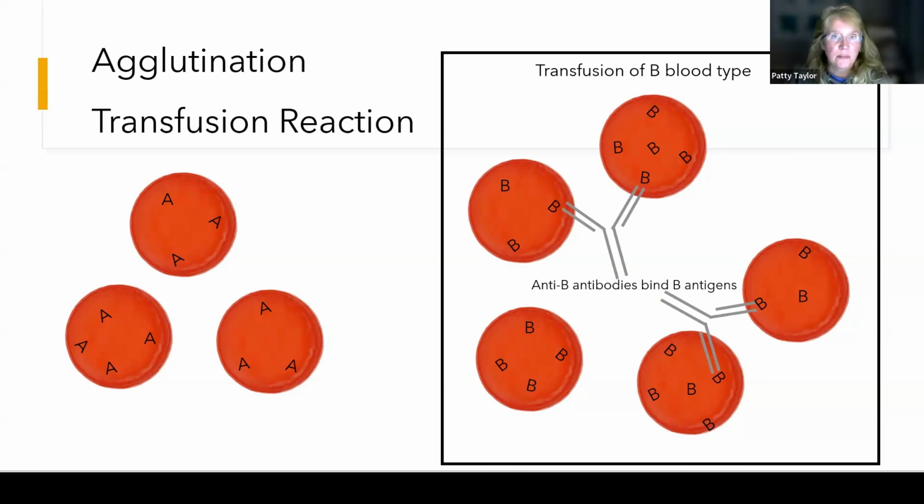This is called cross-linking. It's a transfusion reaction, and this clump of blood cells travels through our body's small vessels called capillaries. Unfortunately, this can rip up those capillaries and create damage. So if we happen to have a transfusion reaction, we can see capillary damage, especially in places like the capillaries of the kidneys.